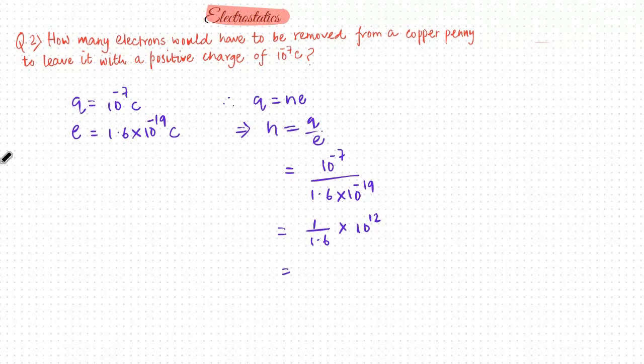Okay, so this is 6.25 into 10 to the power 11 electrons. So this is our answer. So 6.25 into 10 to the power 11 electrons would have to be removed from a copper penny to leave it with a positive charge of 10 to the power minus 7 coulomb.